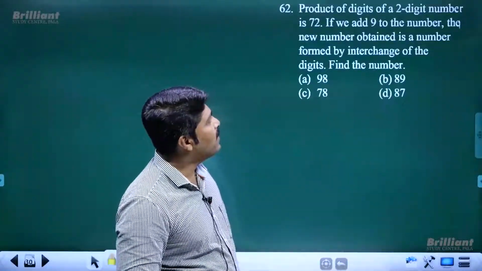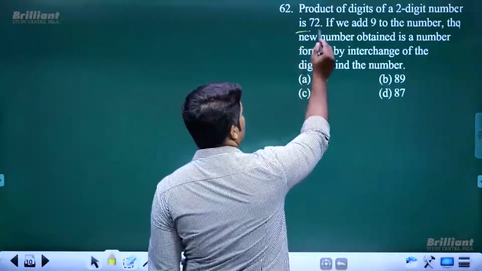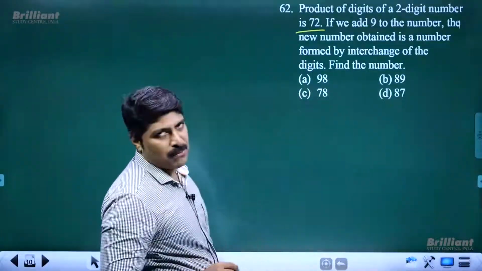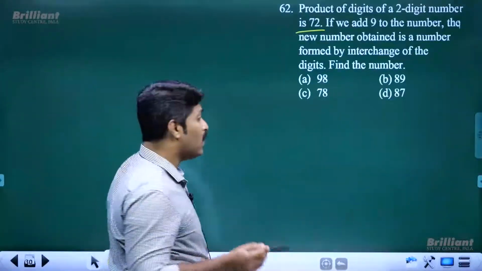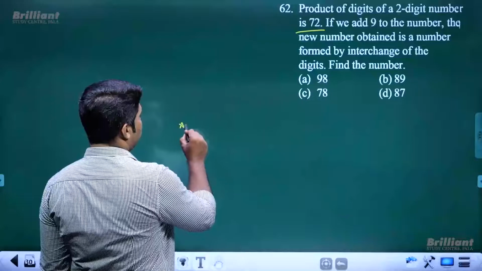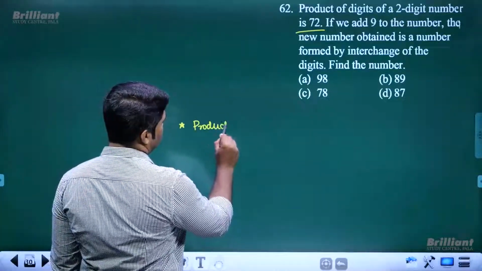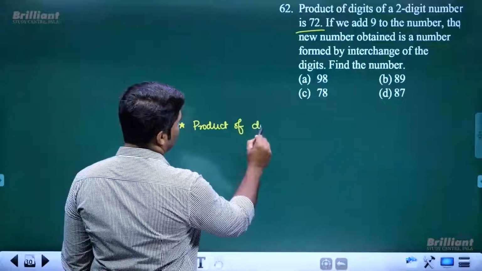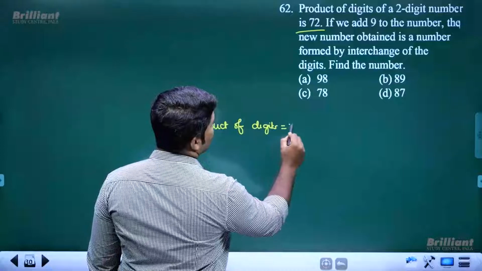The product of the digits of a 2-digit number is 72. First you have to catch that the product of the digits is 72. Just observe which numbers are suitable as per that condition. So the first point is the product of digits is equal to 72.